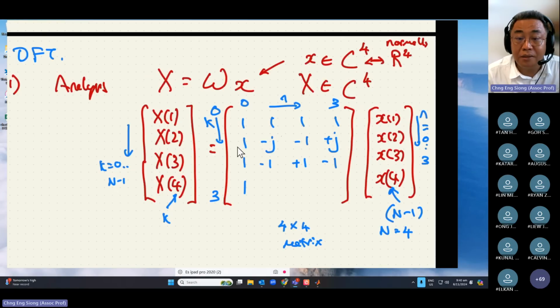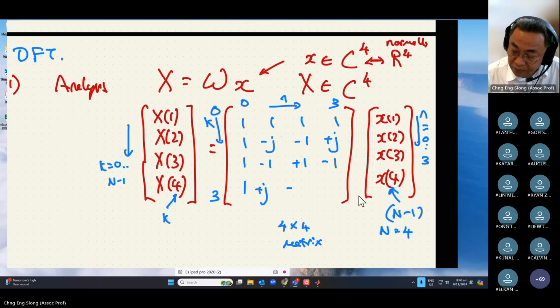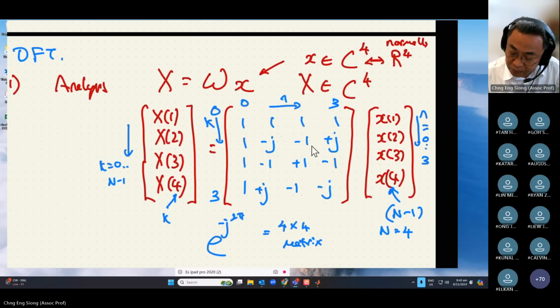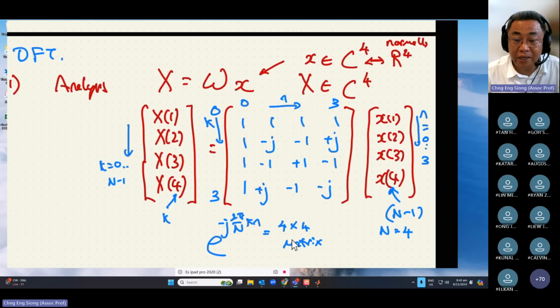And then the second row and the last row are conjugates of each other. So you've done the 4 by 4. If you don't know how to do it, just substitute this equation for different k and different n, with the fixed big N equals 4. Any questions, guys? You need to memorize this notation by heart.